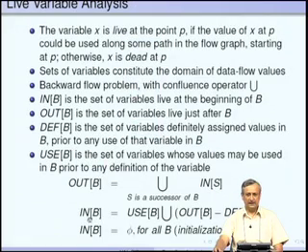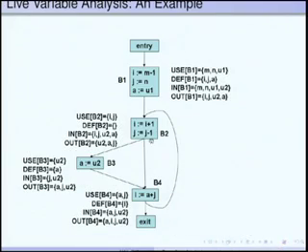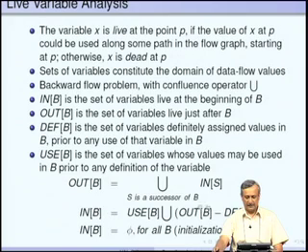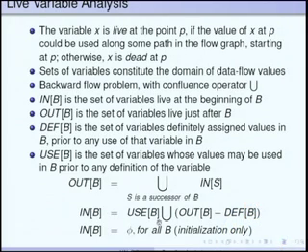And what about the in set? So, here let us again take the case of B2. Whatever is generated within, we are given out and we want to compute in. See, we are given out and we are computing in, that is why this is a backward flow analysis problem.